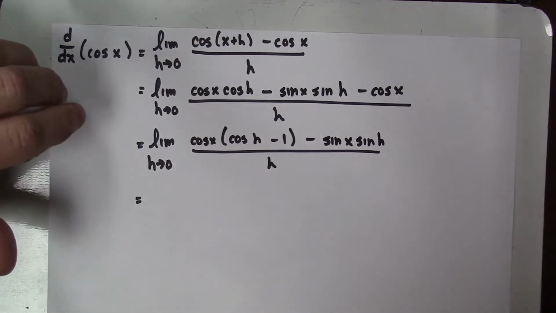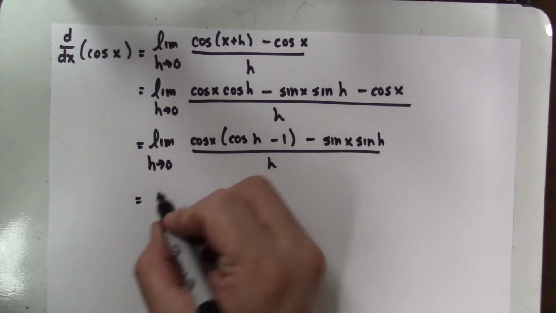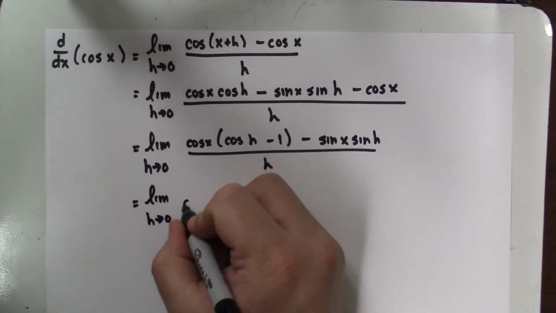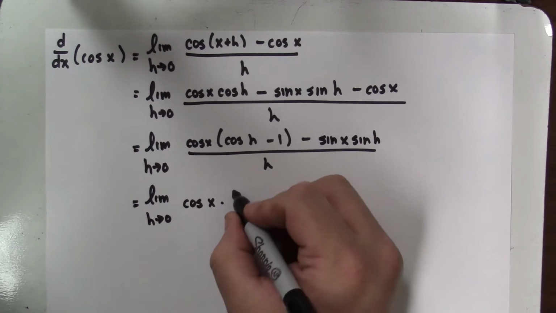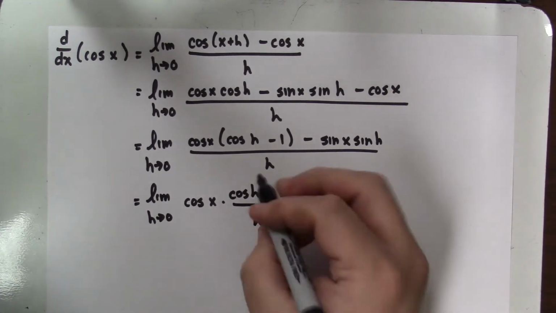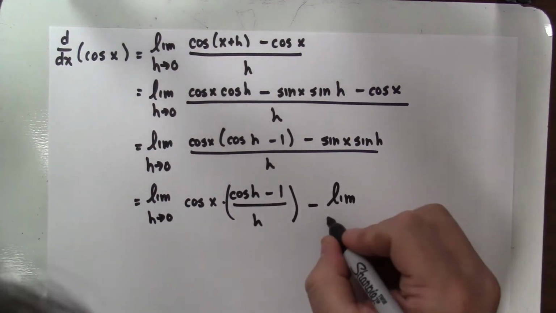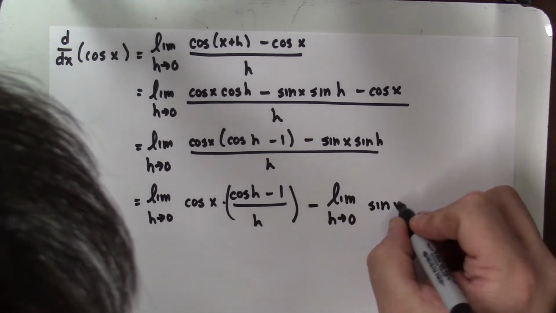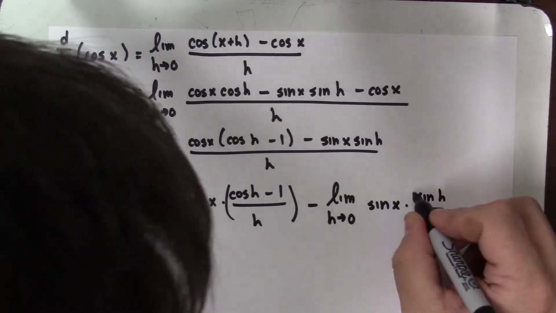Now, just like I did before, I'm going to split these up into two fractions. So I've got the limit as h goes to 0 of cosine x times cos h minus 1 over h, minus the limit as h goes to 0 of sine x times sine h over h.